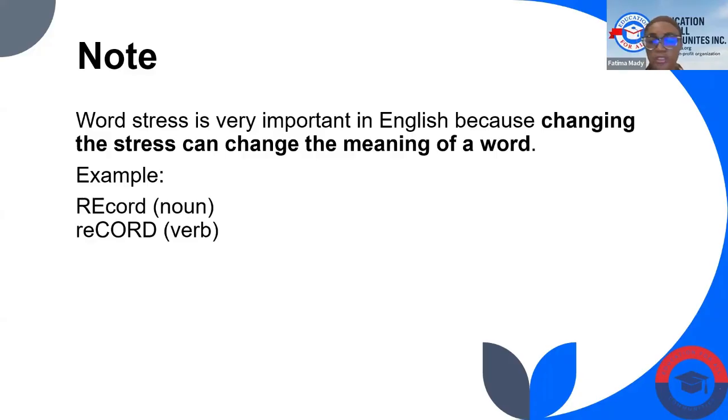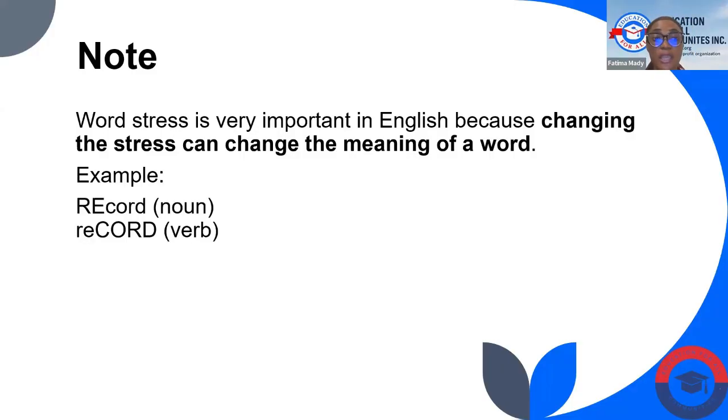No, it's not like that. I said the capital shows you where the stress is. Now, record is a noun. It's to show you that if you say record, it means that you're talking about the noun. Now, in the second part, if you say record, it means you're talking about the verb. These are two different words.